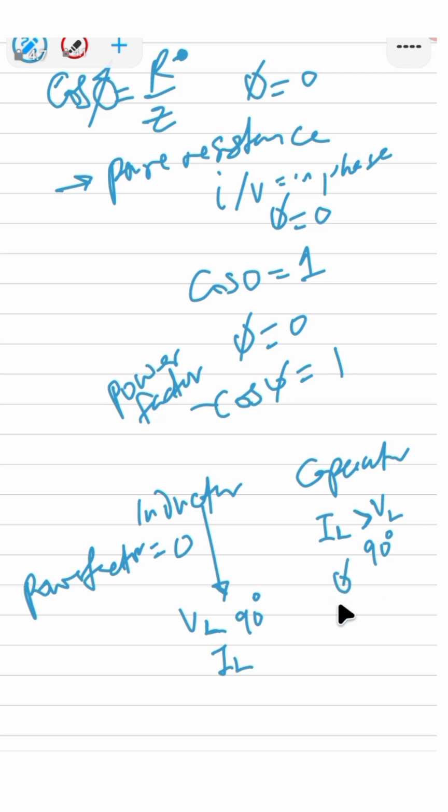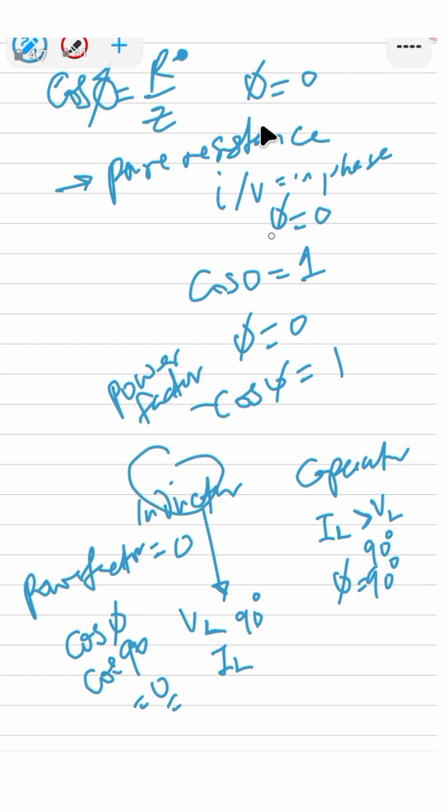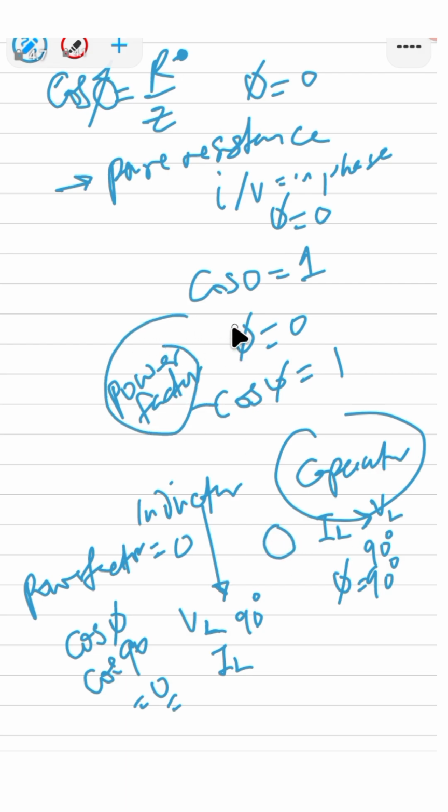So my phi is 90 degrees here, the same thing here, phi is 90. And the power factor is cos phi. If you do cos 90, since phi is 90, cos 90 will give you 0. That is why the power factor of a circuit that contains an inductor only, or a capacitor only, is 0. But the power factor of a circuit that contains a resistor only is 1. Okay, I hope you understand.